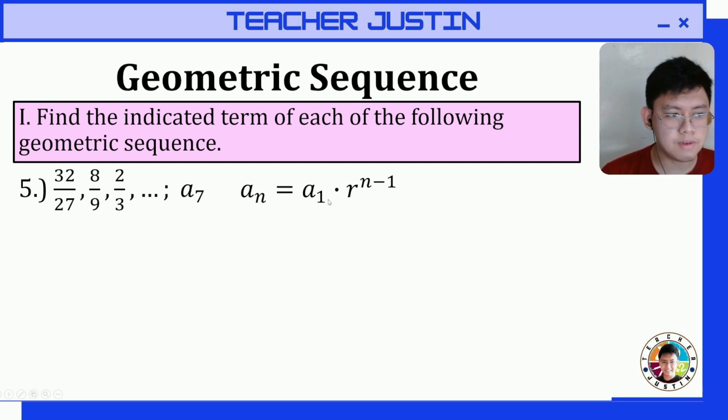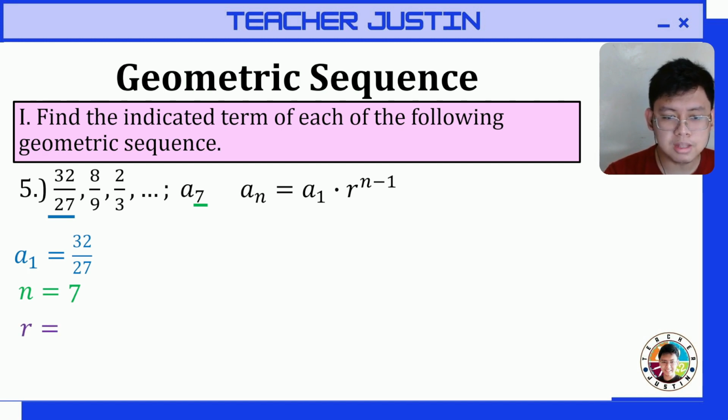So, let's identify the value of our first term, common ratio, and the number of terms. So, ang ating first term is 32 over 27. Tapos, yung n natin, ang hinahanap natin is the seventh term. So, our n is equal to 7.